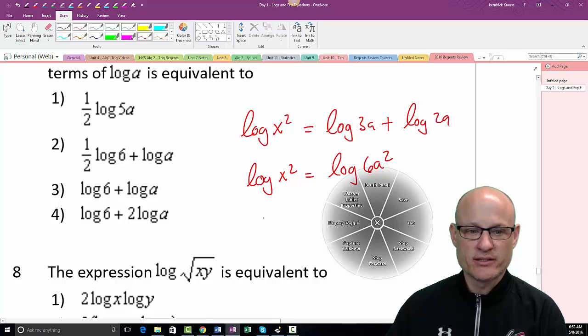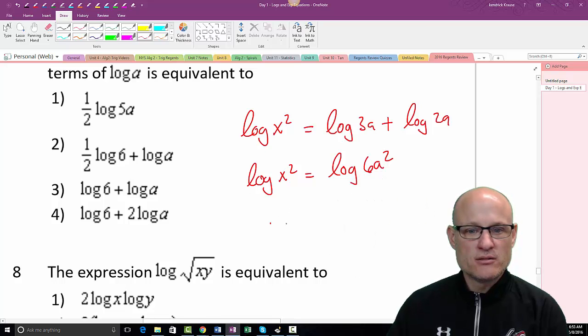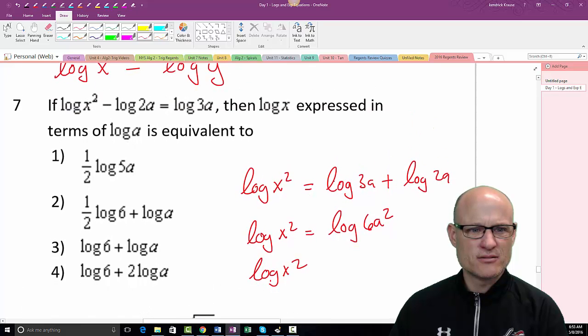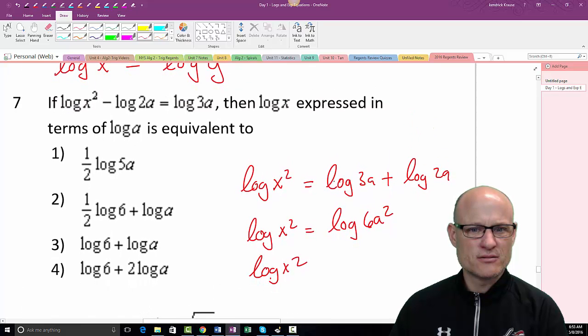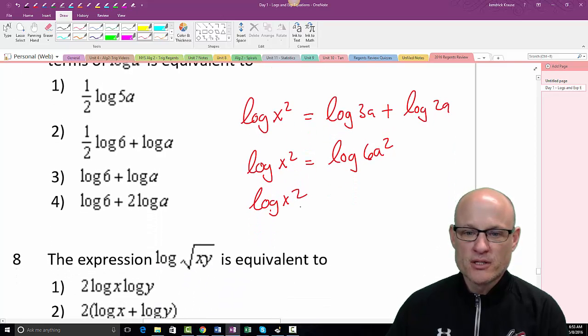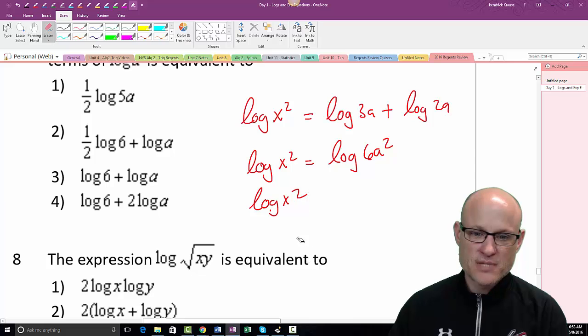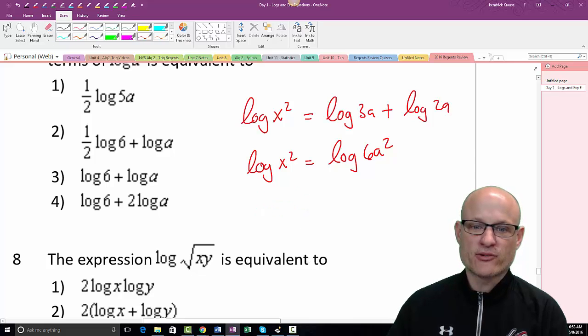Oh my gosh, are they kidding? Want to know what log a equals? So this becomes the log of x squared. What is this? Oh, I want to know what log x is. So really this 2 should have come out front here.